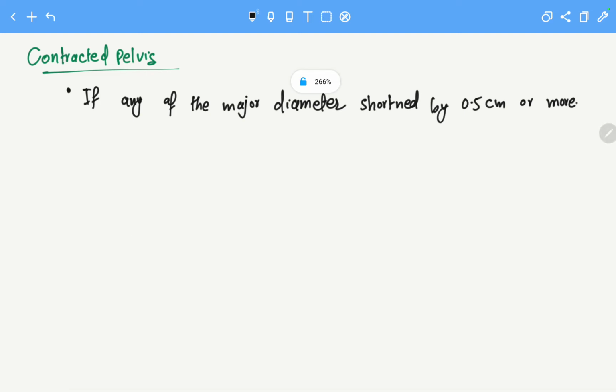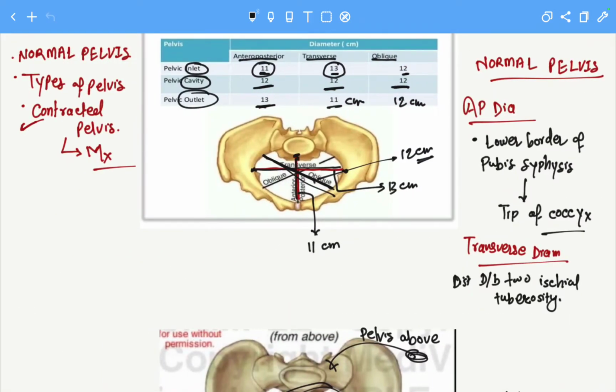So what are the levels of contraction? There are 3 levels of contraction of the pelvis, right? The pelvis can be contracted, or its diameter can be shortened, from 3 points. The first diameter that can be decreased is the inlet diameter, second one is the cavity, and third one would be the outlet.